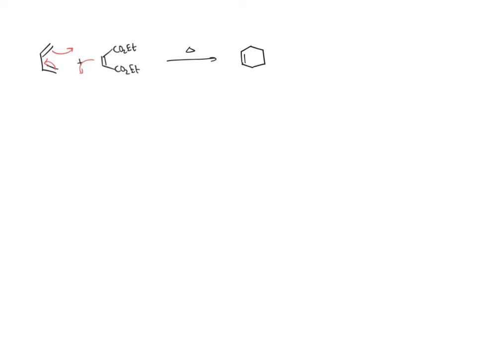And notice that the two ethoxy groups are on the same side of the alkene in this instance. And so they're also going to be on the same side of the resultant product once we form the cycloalkene. And so we can draw them as dashes now. Could have drawn them as wedges, because this compound will be a meso compound.